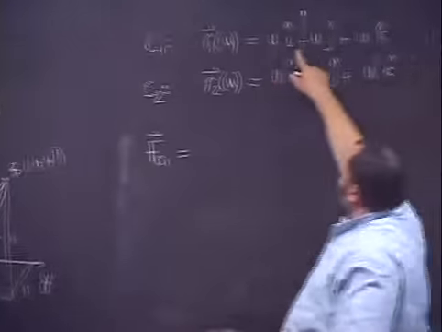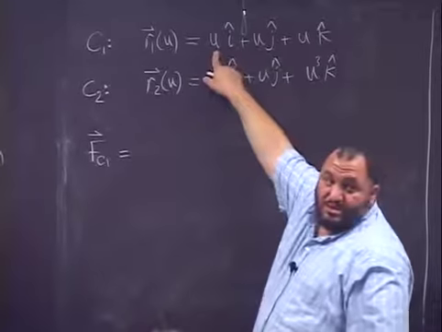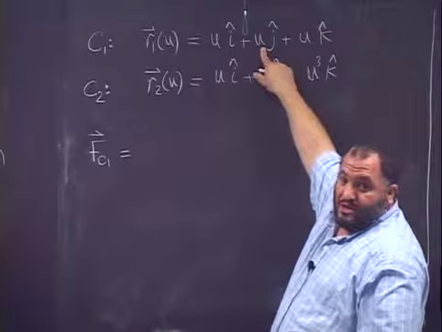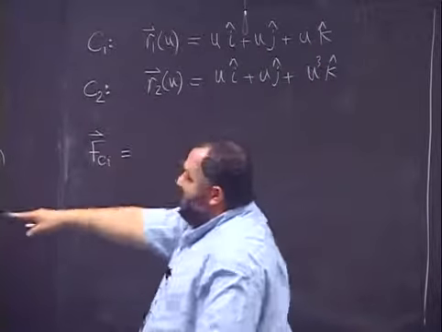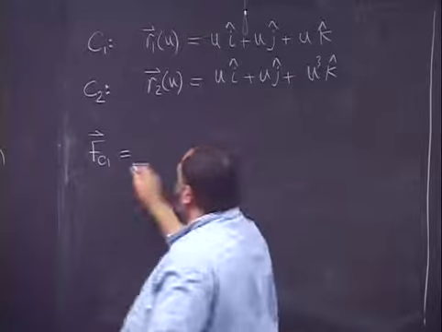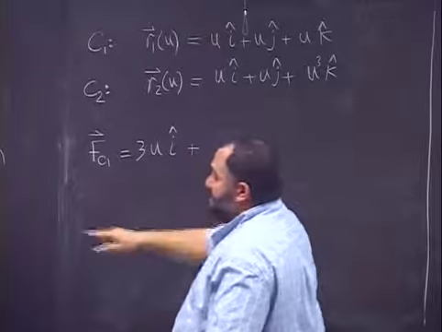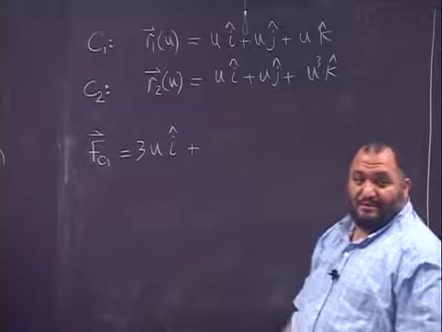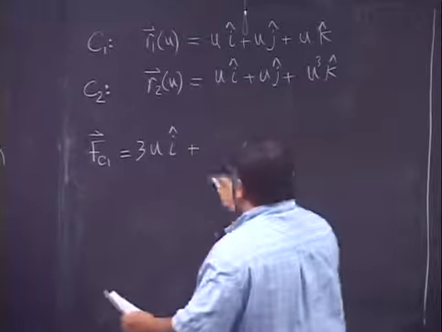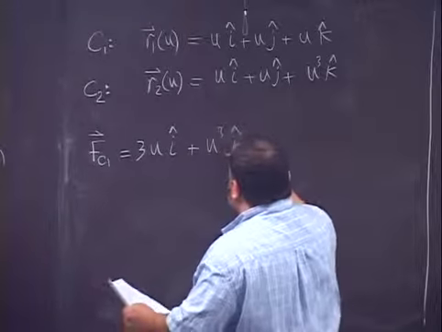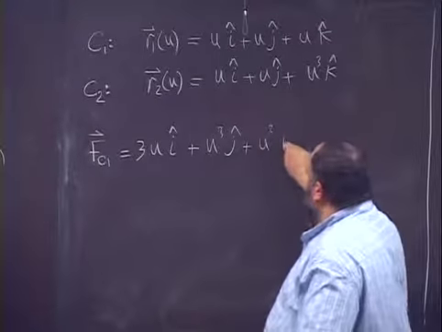What are the components of the first contour? x equal to u, y equal to u, z equal to u. So I will substitute y equal to u. So this will be 3u in the i direction plus xyz will give me u multiplied by u multiplied by u, which is u cubed, in the j direction, plus in the k direction it will be u cube again.